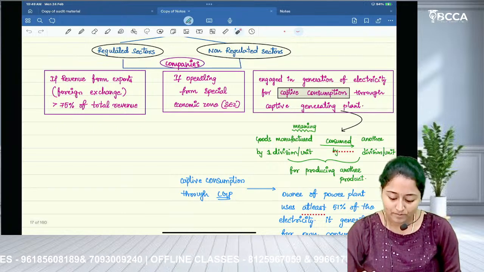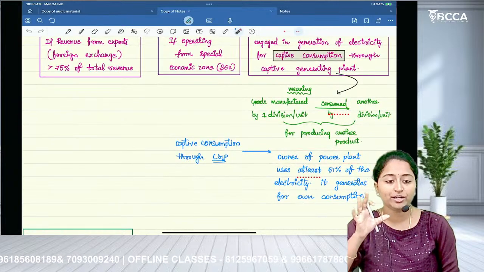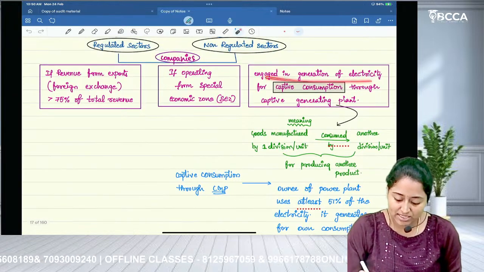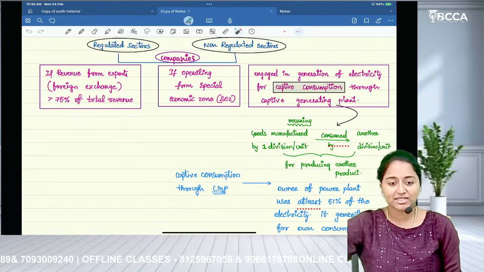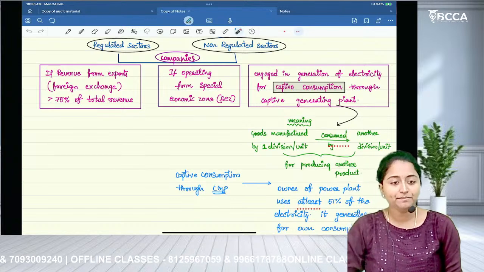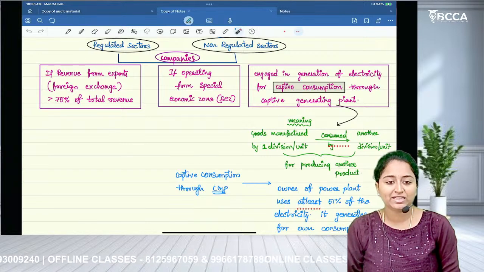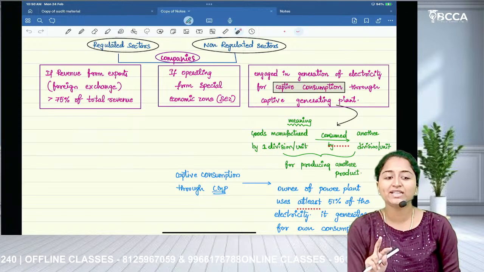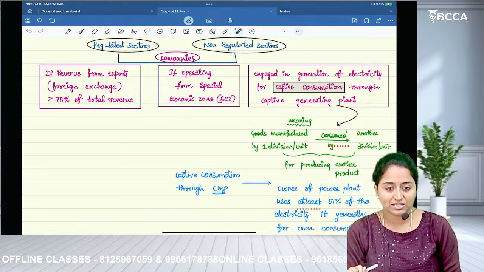This is only related to electricity, not for all. If an electricity generation company generates electricity, and more than 51% of that electricity is consumed by the plant itself, in that case such plants will be called captive generating plants.